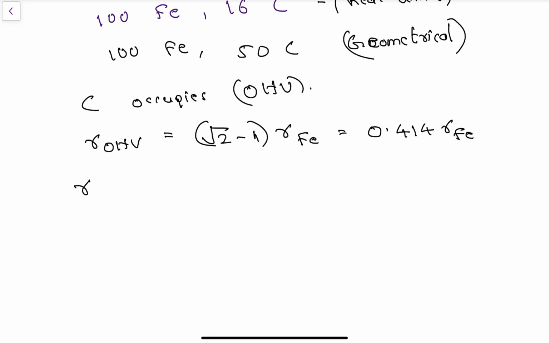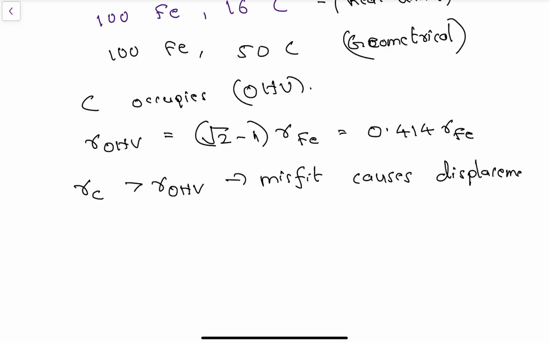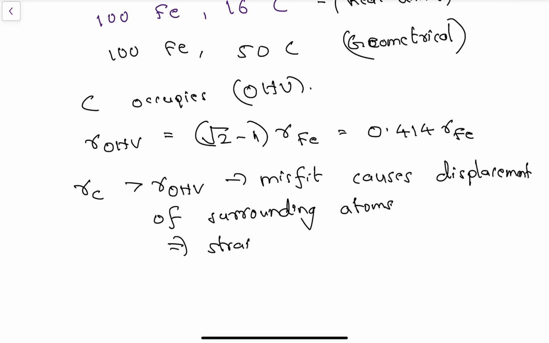But the radius of the carbon atom is greater than the octahedral void. So this causes a misfit, which causes displacement of the surrounding atoms, which causes a strain in the matrix.